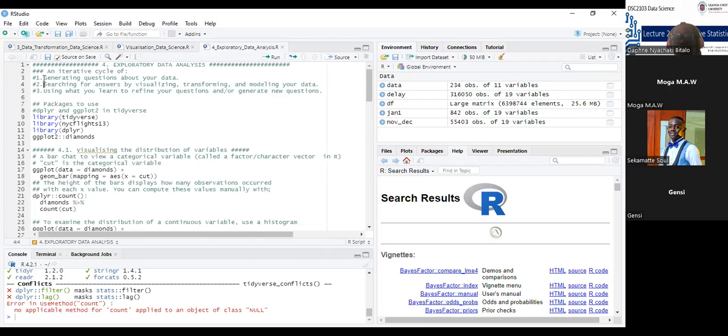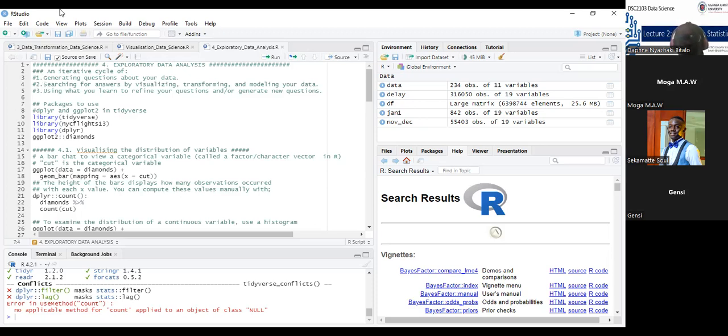Once we've gotten answers that show us patterns that are unexpected, we transform the data and we model new questions that can help us refine how we answer or how we communicate the information that we have discerned from the data, because data science at the end of the day is getting information from data.